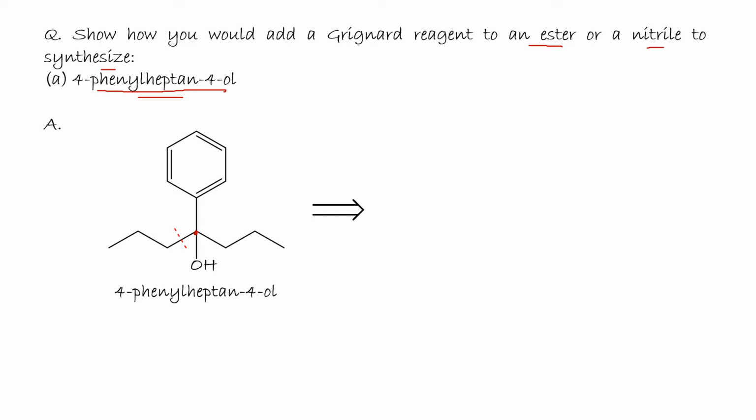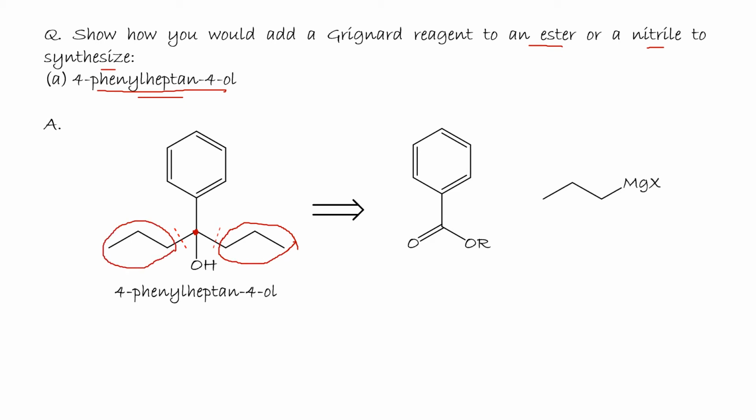Well, this carbon which carries OH will be our source of the ester. Okay, here, so we get this ester, and then this will be the Grignard, with 3 carbons.